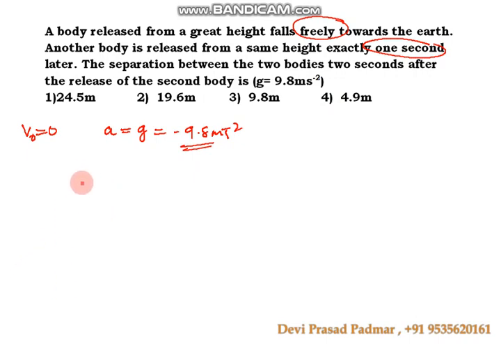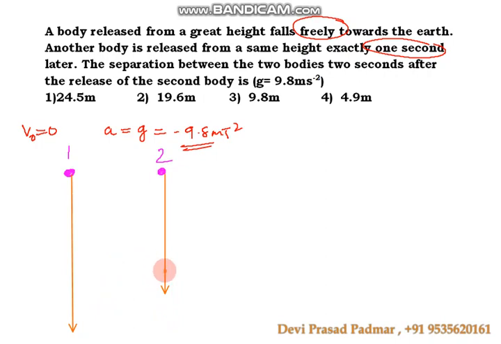Here you need to consider two bodies. This is the first body, and here you have second body, and both fall under gravity. Let's consider first body falls like this, and second body, which is released 1 second later, falls like this.